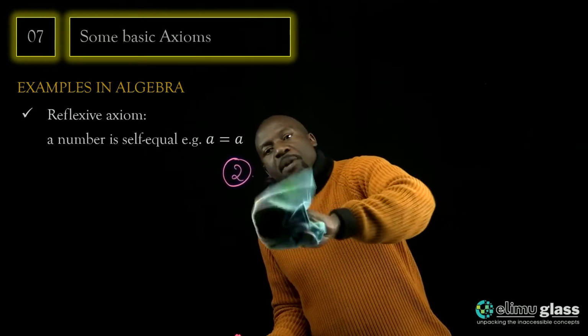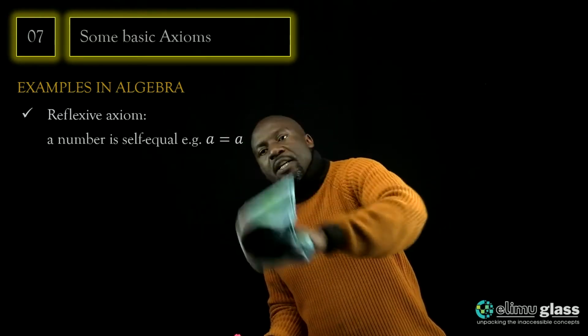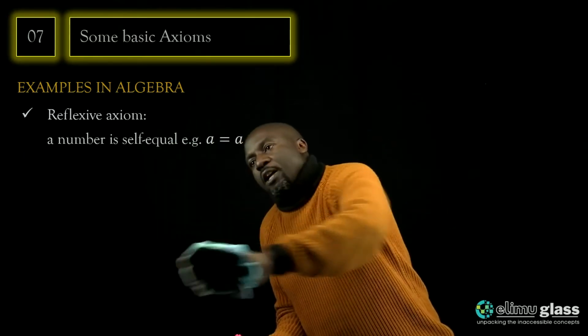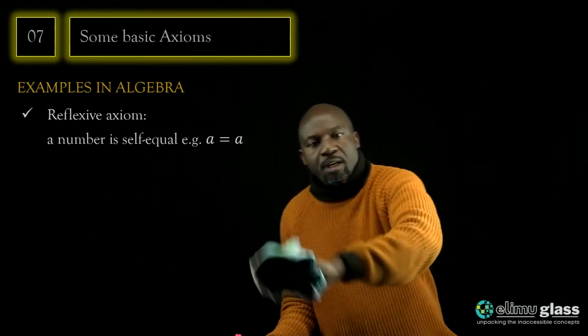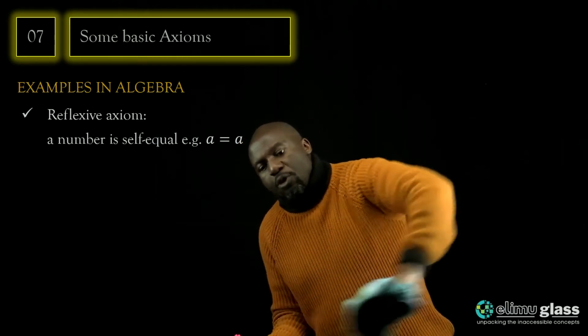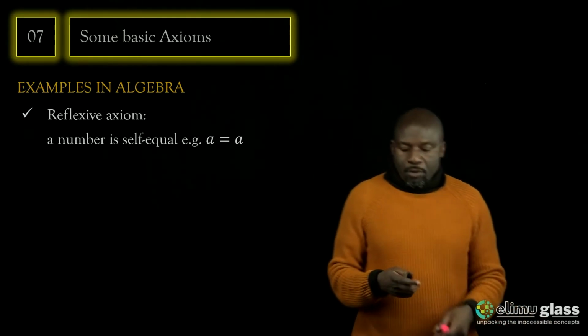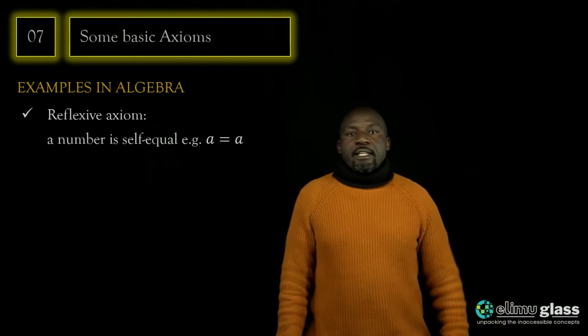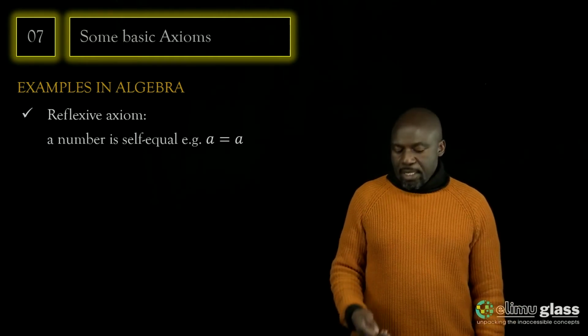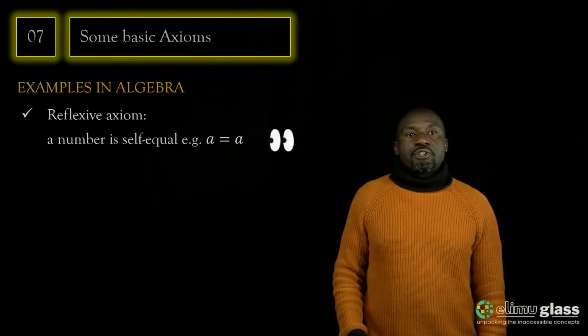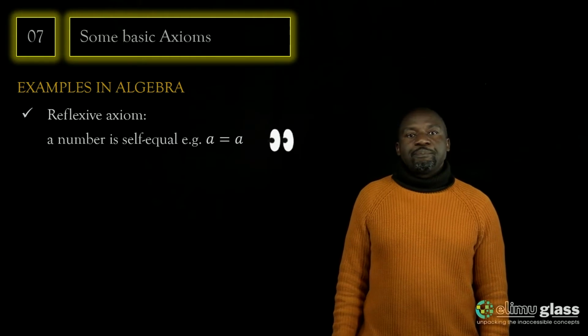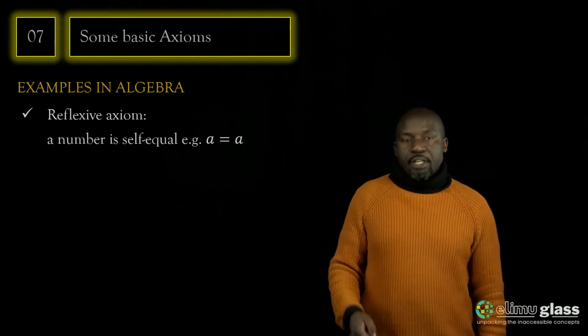Sounds very silly, but then again, without these kind of assumptions or basic or ground rules, we would not be able to process mathematics as we might wish to, okay? A second basic axiom that I want to show you, yeah, that looks really, really obvious.